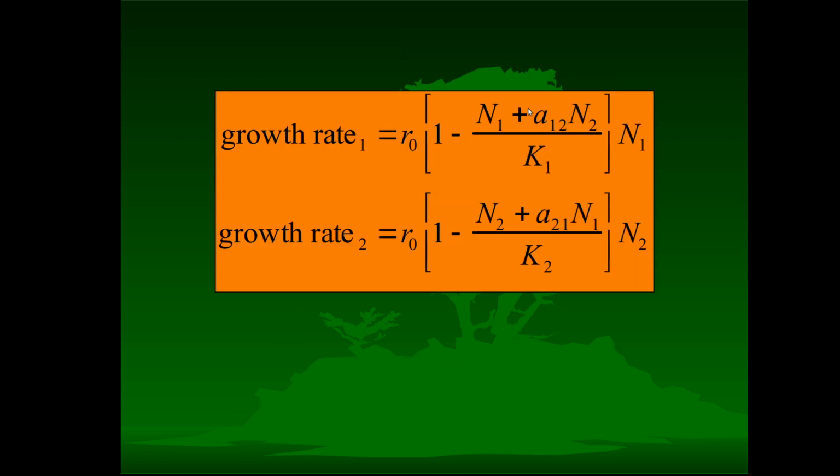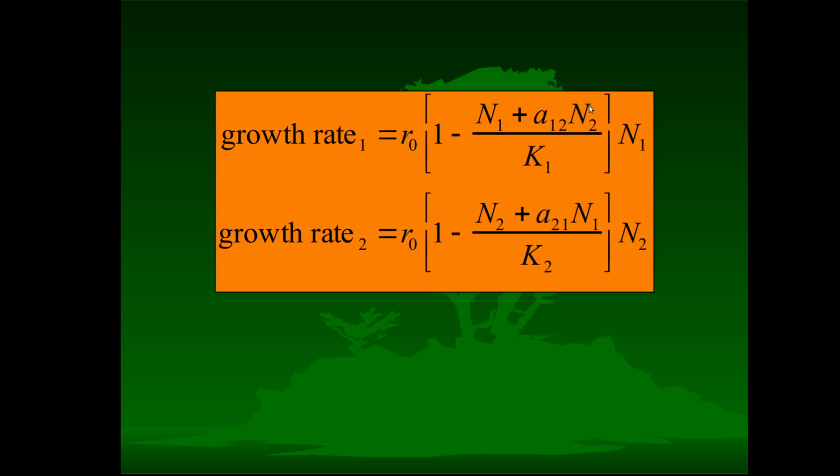Okay, so here are the two equations for the competition situation. We've got two species competing, and each one lowers the other one's per capita growth rate, little r, through this term here: population density multiplied by the effect, the competition coefficient, of that species.